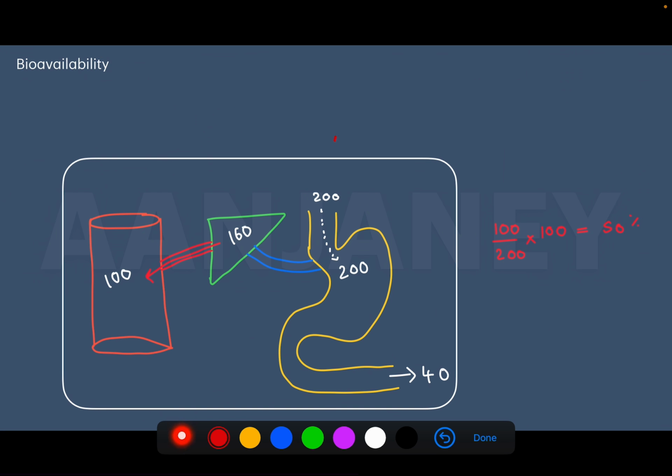Let's say I took 200 molecules of drug orally. From these 200 molecules, 40 are excreted and only 160 can be absorbed in the blood. From this 160, 60 are degraded by the liver and the 100 reaches the systemic circulation. So my input was 200 and I got only 100 inside my blood.